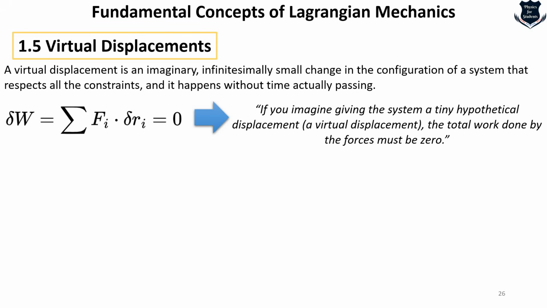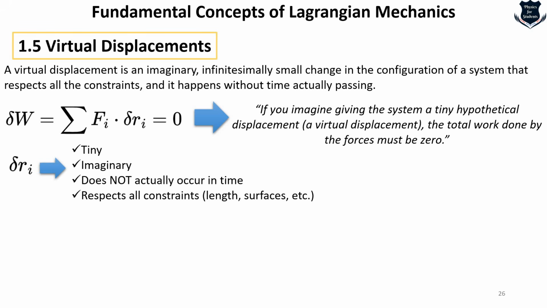It is like asking, if the system were nudged slightly but still following all constraints, in what direction could the system move? So this del Ri is tiny, it is imaginary, it does not actually occur in time, and it respects all the constraints.